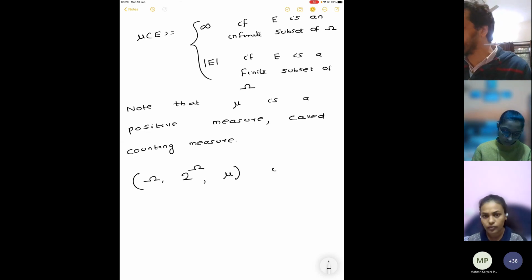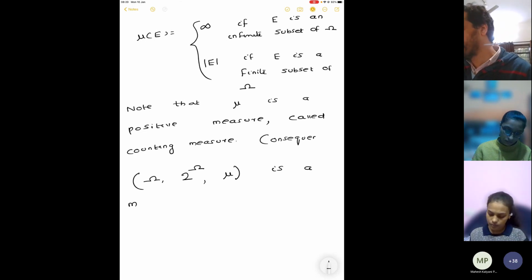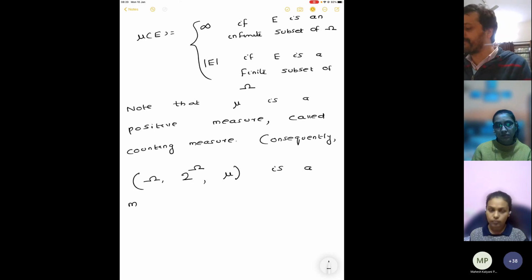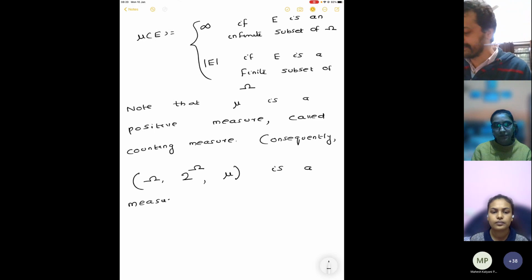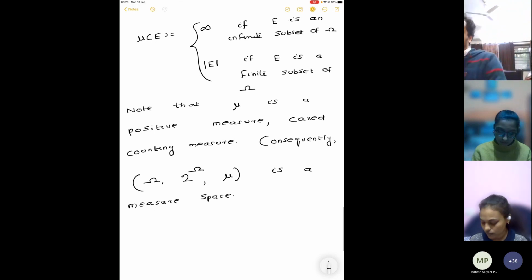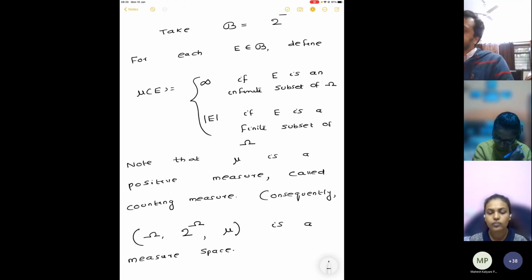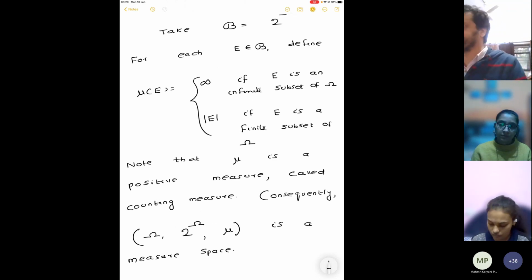This is a measure space. Consequently, omega, 2 power omega, with mu as defined above is a measure space.